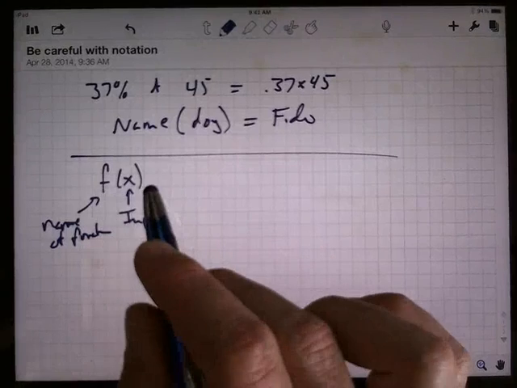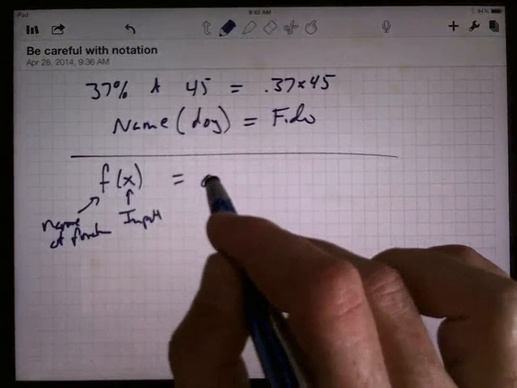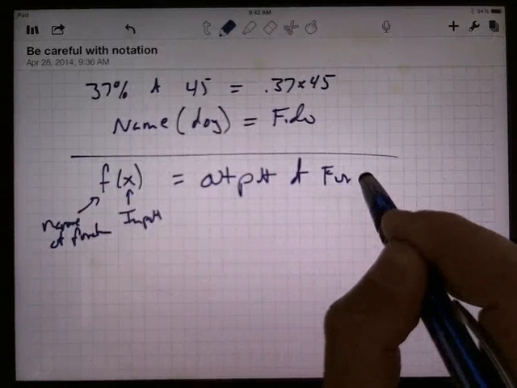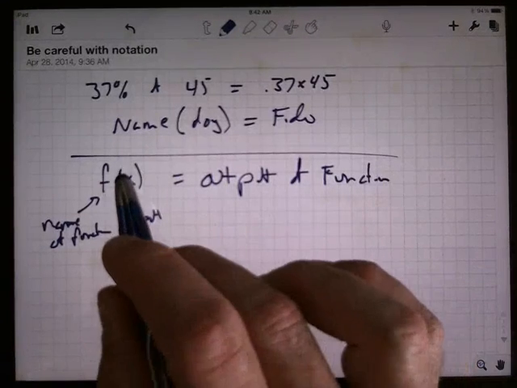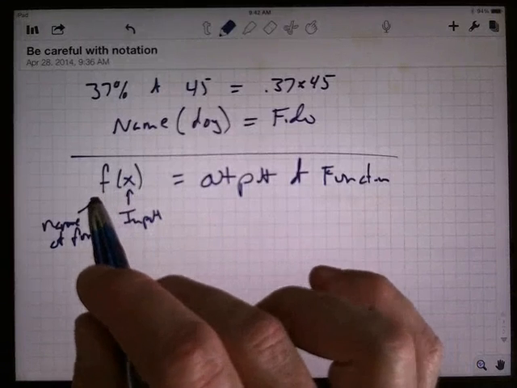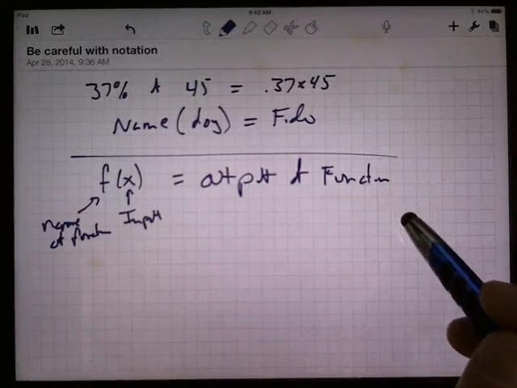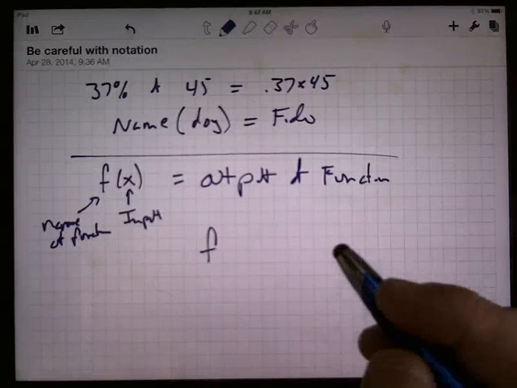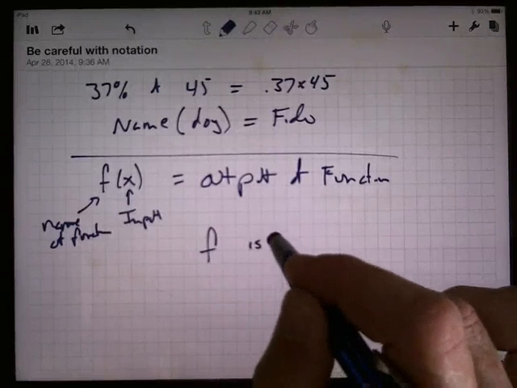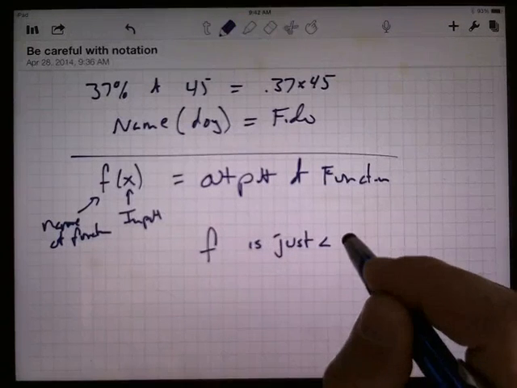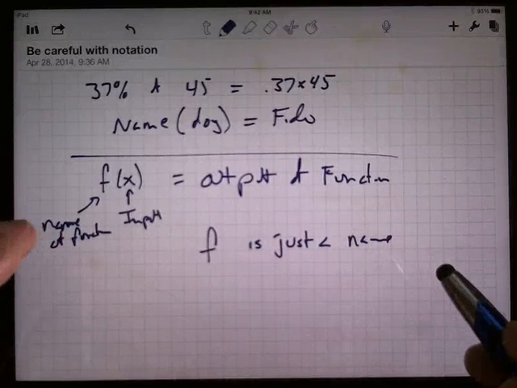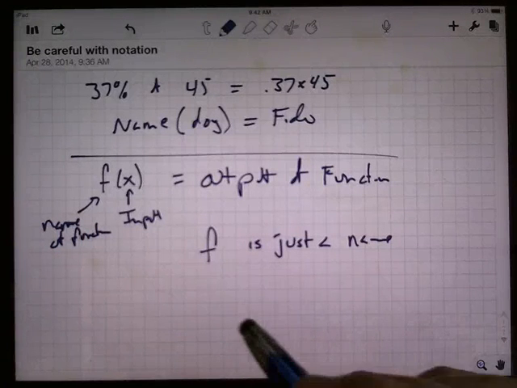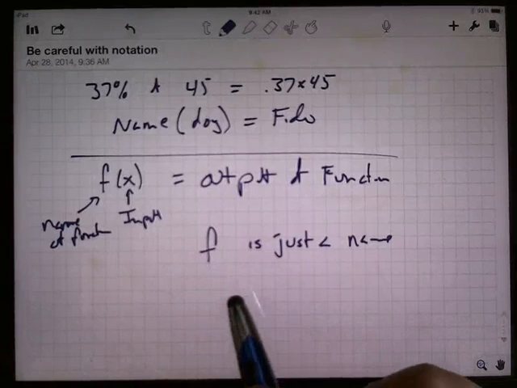F of x equals the output of the function. So you take a number, you plug it into this function whose name is f, and it spits out a new number, f of x. F by itself is just the name. It's not anything in particular.